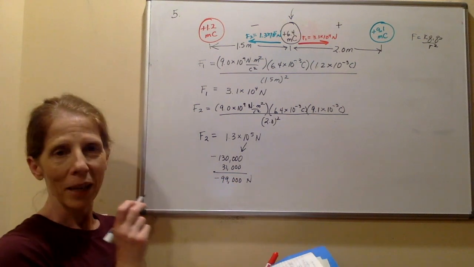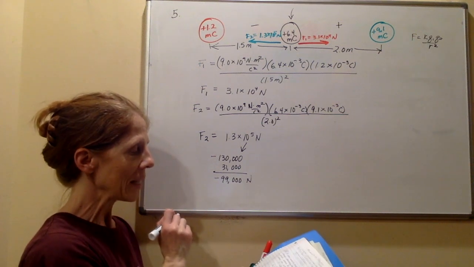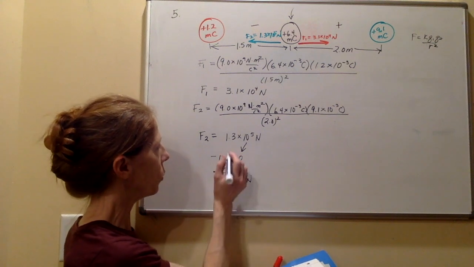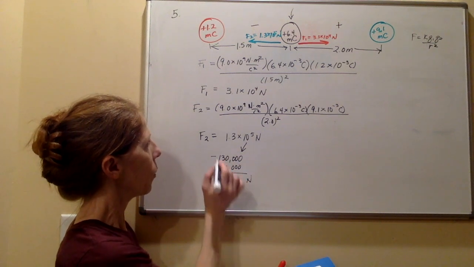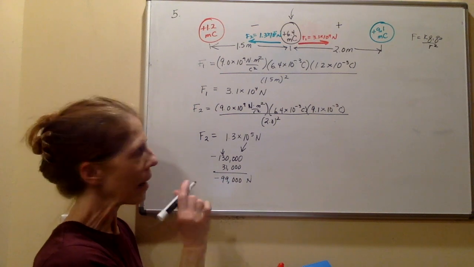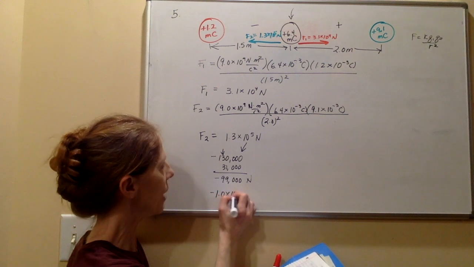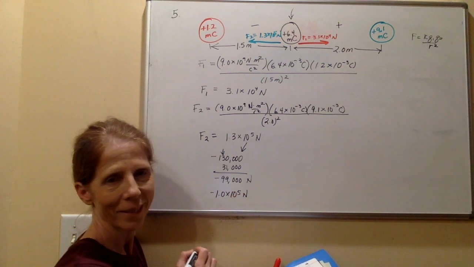But since we are adding and subtracting, I have to look at precision. Looking at the original numbers, I only have precision to the ten thousands place. So what I have to report as my final answer is negative 1.0 times 10 to the 5th newtons.